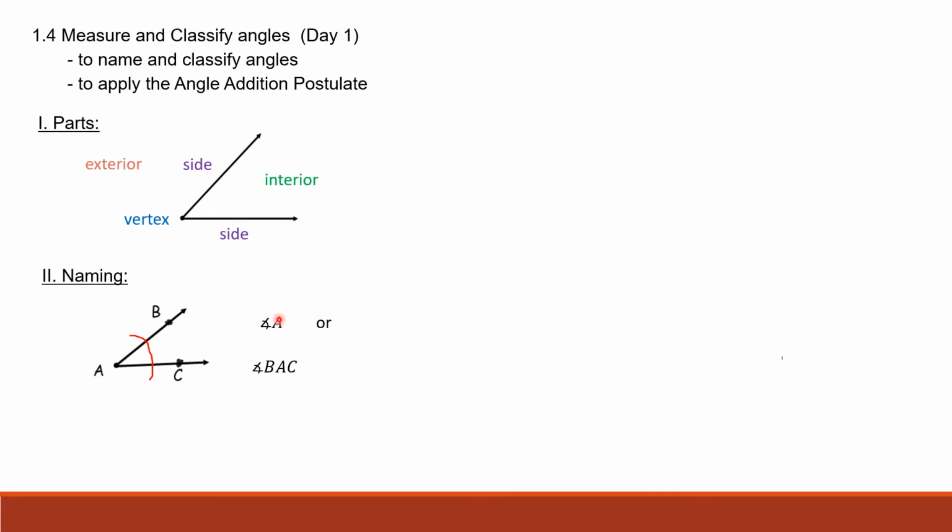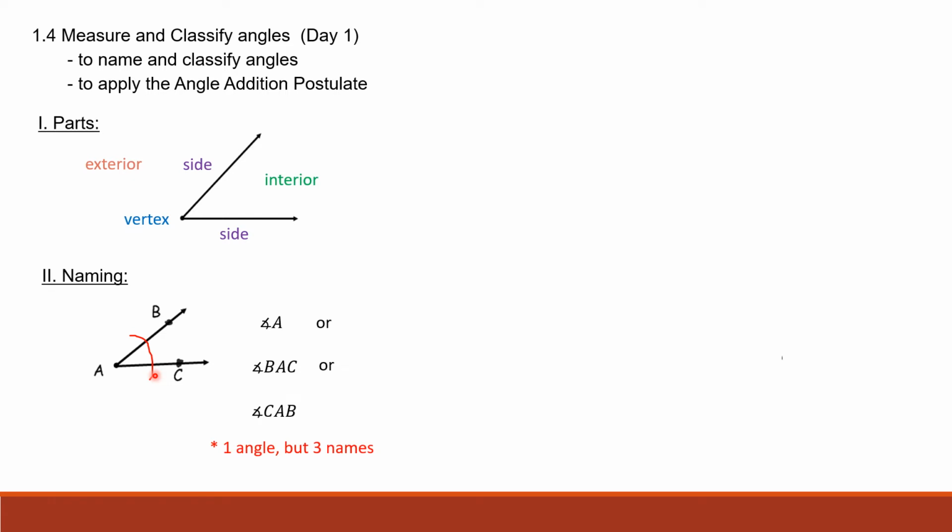That is because these are different names for the same angle. But what if I didn't want to start at B? What if I wanted to start at C? Then it would be angle C to A, pivot around to B. So angle CAB. All 3 of these are naming the same angle, so it doesn't matter which one you use. So one angle, but 3 names.